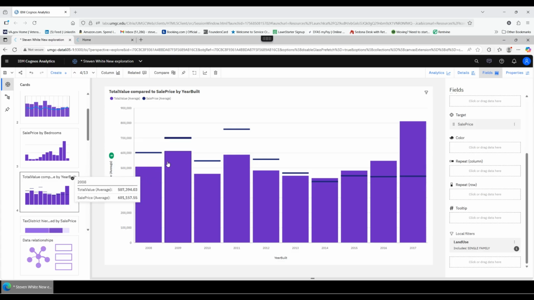So we can see here from 2008 till 2013, we have the sale price above the total value. Not sure if this coincides with the financial crisis during that time, but as we moved from 2014 to 2017, we started to get more value from our sales.